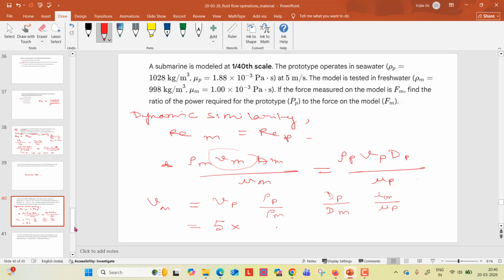Rho p, tested in seawater, is 1028, and for the model, fresh water, it is 998, into dp by dm. The model is 1/40th of the prototype, so dp by dm is 40, and mu m is 1.1 into 10 to the power minus 3, divided by 1.88 into 10 to the power minus 3.